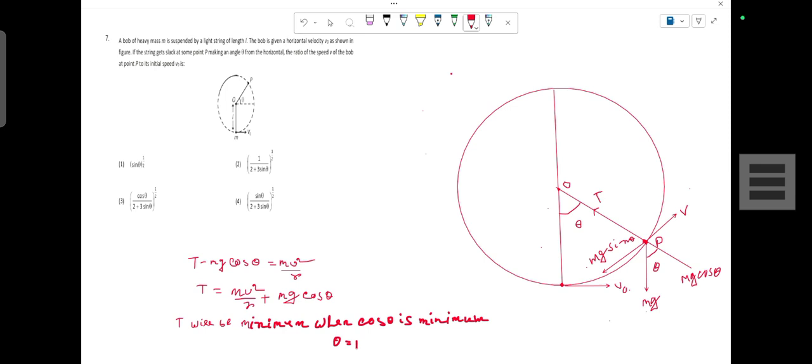At theta equal to 180 degrees, cos theta will be minimum.